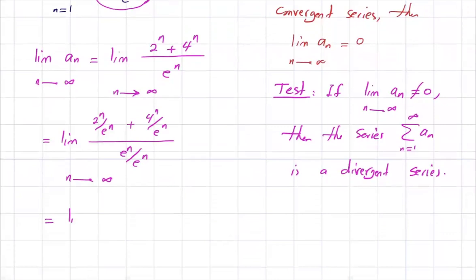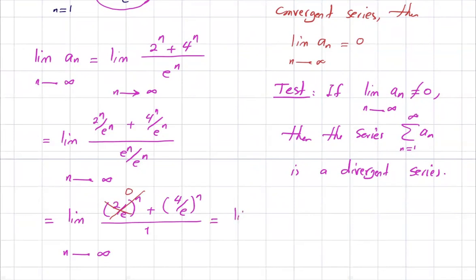This guy can be written as the limit of 2 over e to the power n plus 4 over e to the power n, divided by 1, as n goes to infinity. This first term indeed is equal to 0, but you end up with the limit of 4 over e to the power n as n goes to infinity, which goes to infinity. So it is not equal to 0.